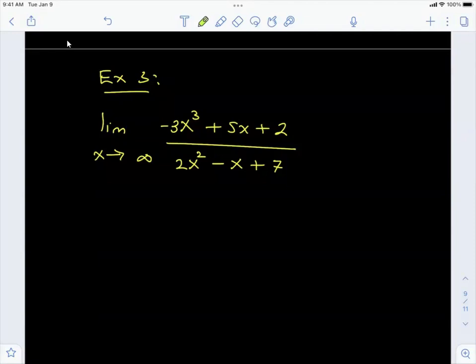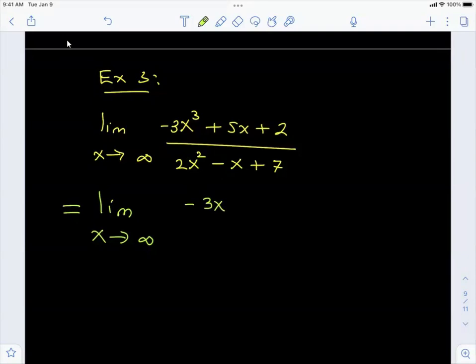All right, so now I told you I'm going to go with one single uniform recipe for this entire computation. Look at the largest power of the denominator and divide by that term, both the top and the bottom. So when I divide the top by x squared, which is the largest power of the denominator, now I'm going to get negative 3x cubed divided by x squared.